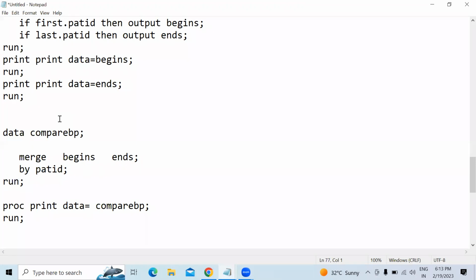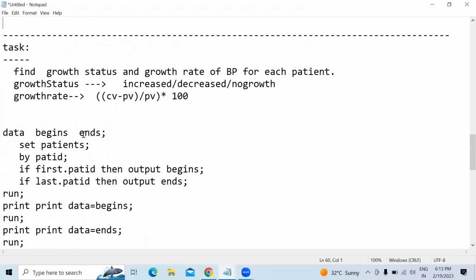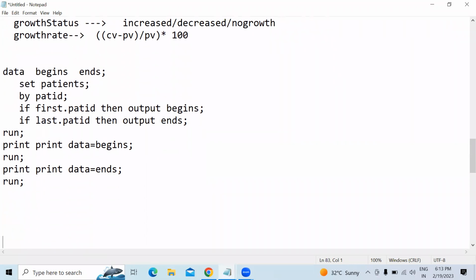Once the data has been distributed, you can rename the columns. Observe here. Data begins, rename equal to. Visit number, forget it.